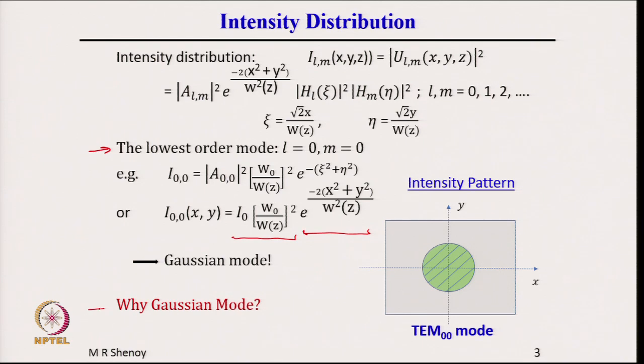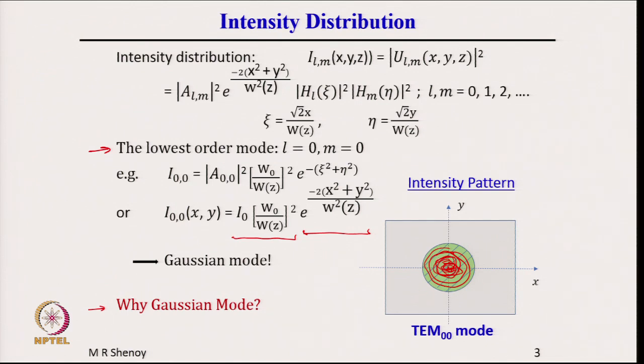Why Gaussian mode? As you can see, we have seen the other distributions also. The Gaussian mode has a maximum at the center, and then the intensity monotonically drops as you go radially outward. It has a maximum intensity peak here, and it is radially symmetric.